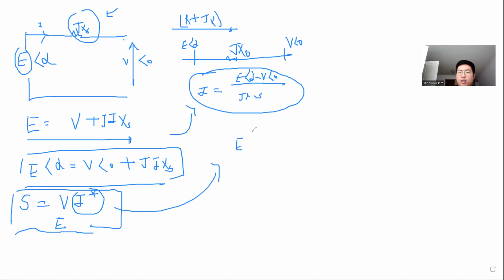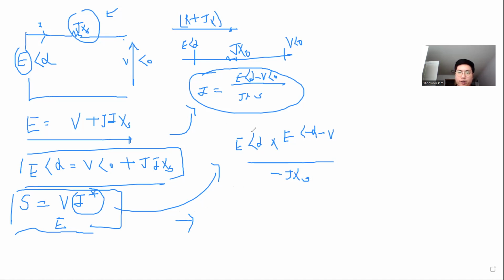So we multiply by E delta. We need the conjugate, so E minus delta, minus J X S. It's kind of messy, sorry, I tried to make it.